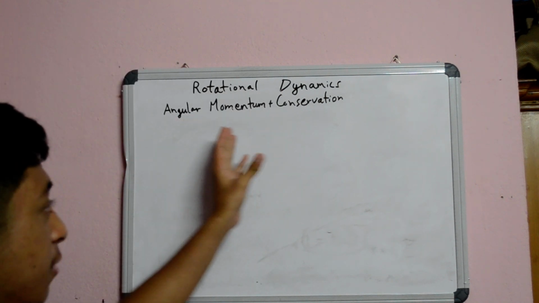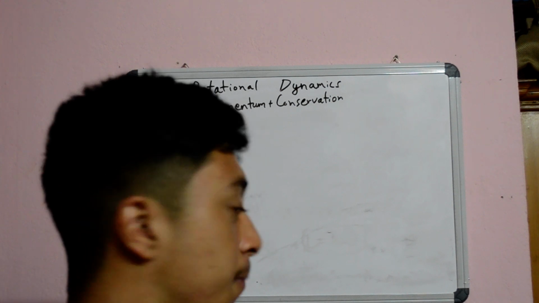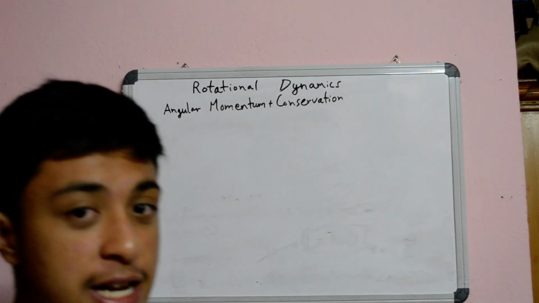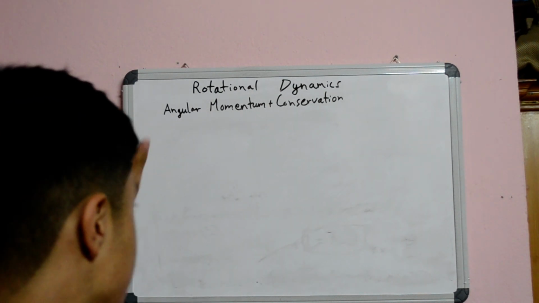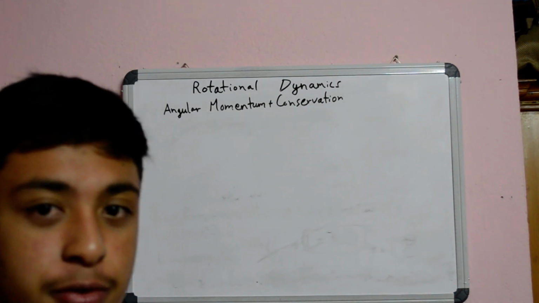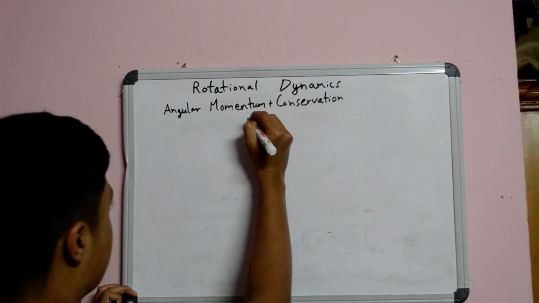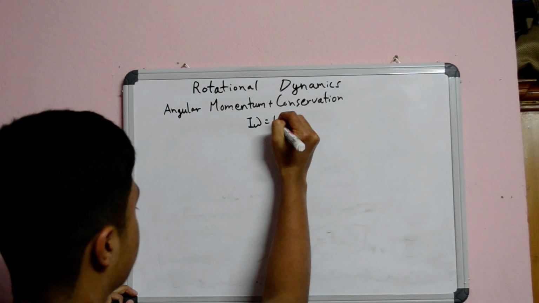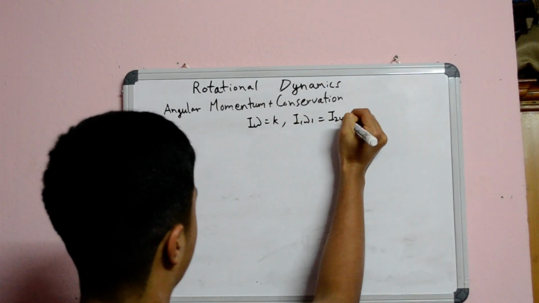Similarly for angular momentum, we just change a few words. It states that if no external torque is applied on the system, then the angular momentum of the system remains conserved, constant. What this means is that I omega equals a constant, therefore I1 omega 1 equals I2 omega 2.